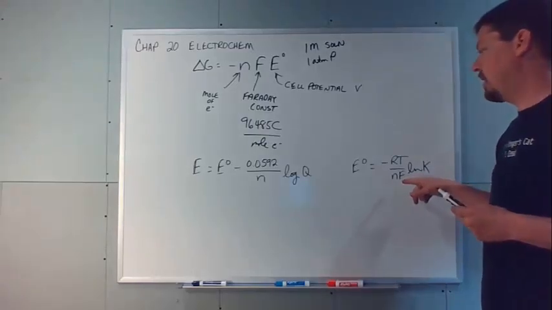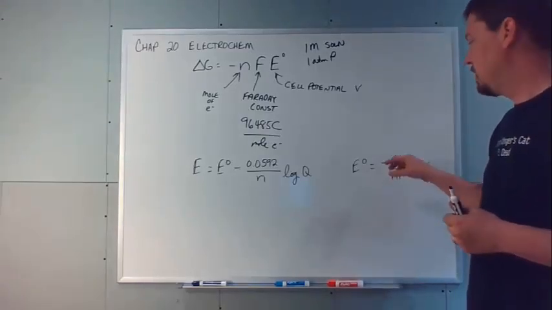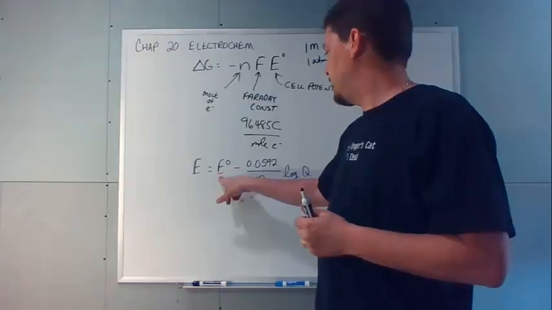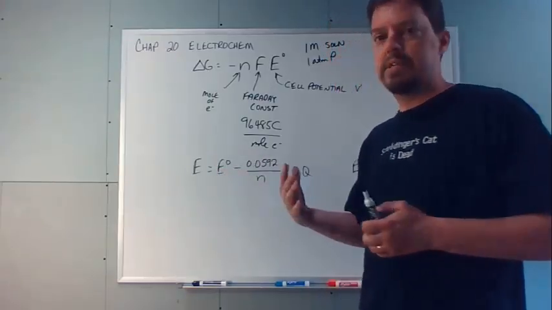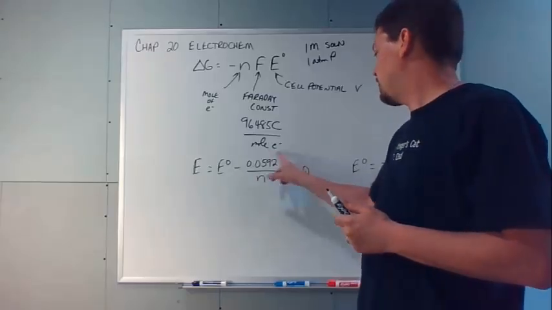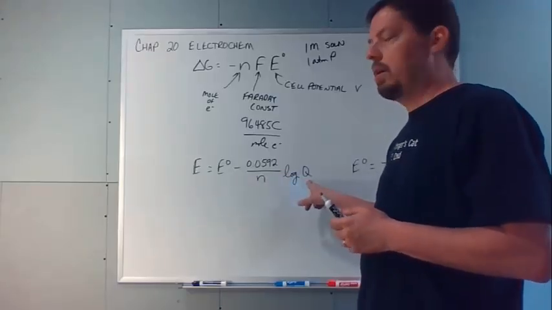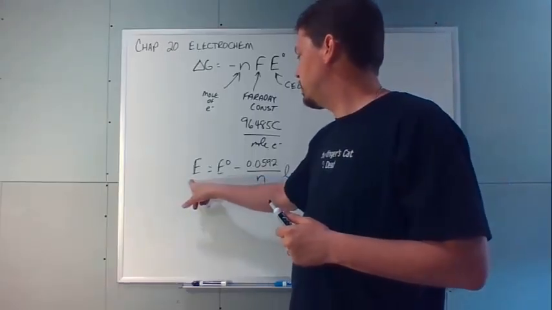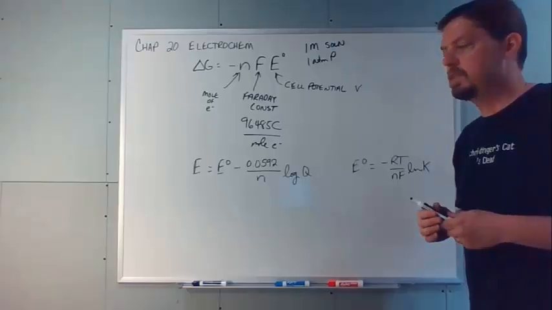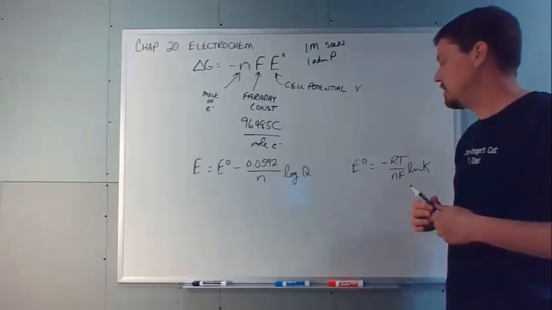But then if we're not at equilibrium, then we're going to have that E0 value that we get from this, right? Because that's your delta G0. And then you have to have your quotient here, and there's your potential now, your new potential for the cell, not at standard conditions, right?